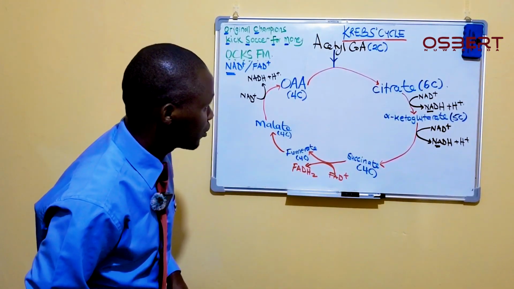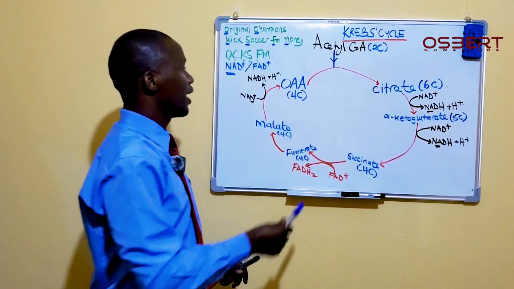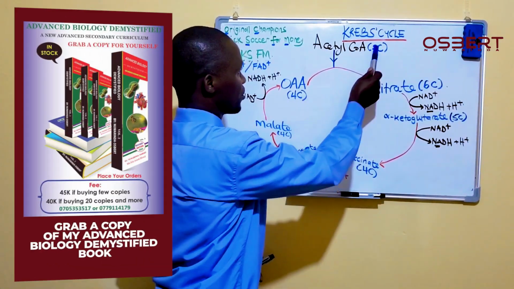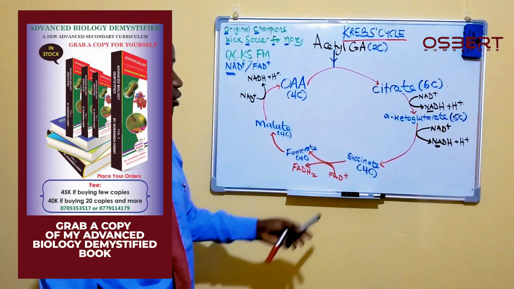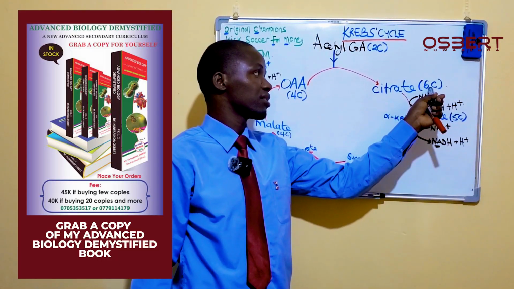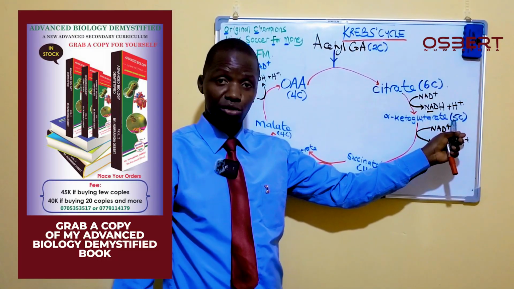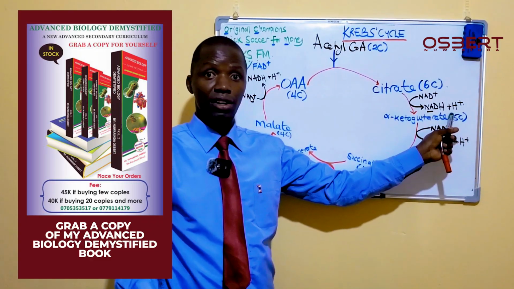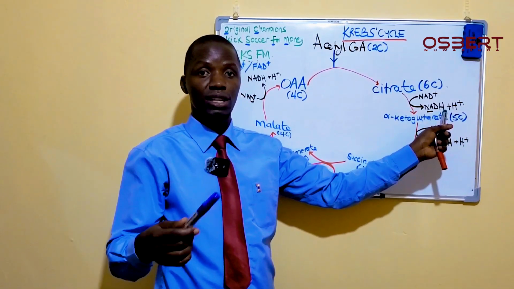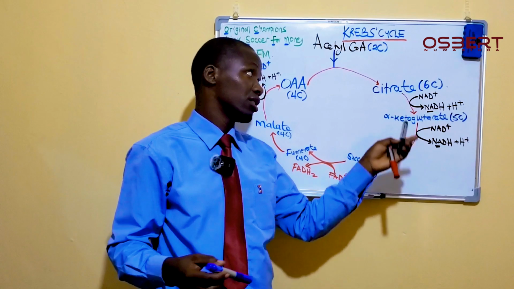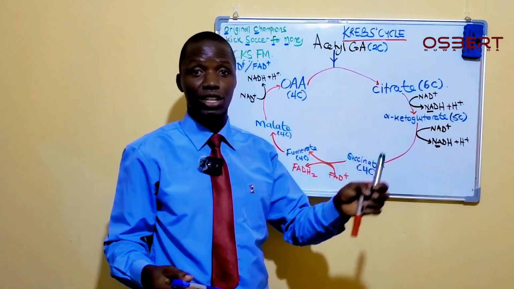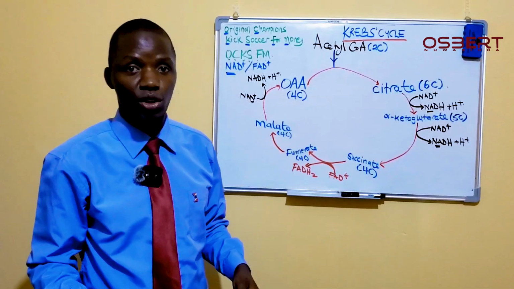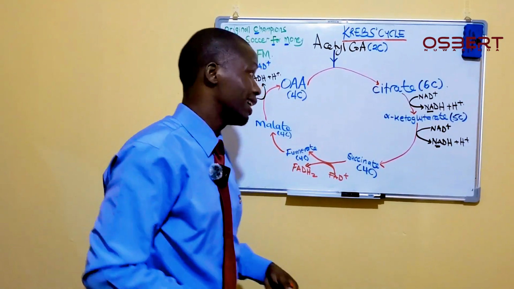So if we are having 4 and it has combined with the 2, we have formed 6. That is very clear. But for us to move from 6 to 5, that means we have lost a carbon. And how do we lose that carbon? For this to be possible, there is a decarboxylation during this reaction, within which we lose a carbon in the form of carbon dioxide.